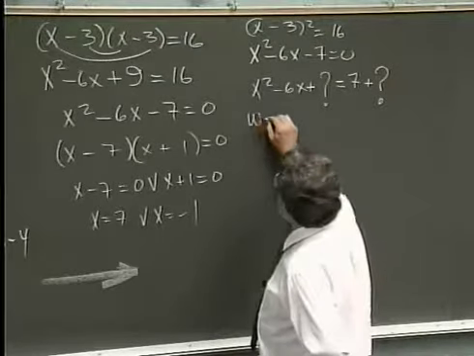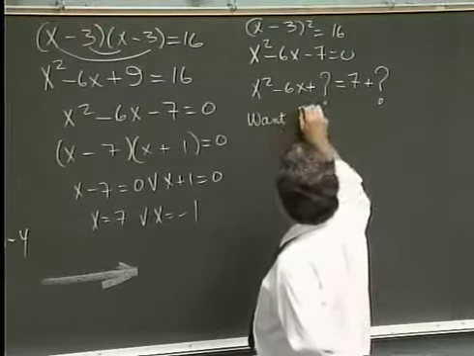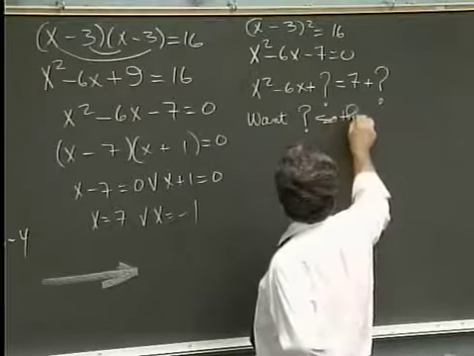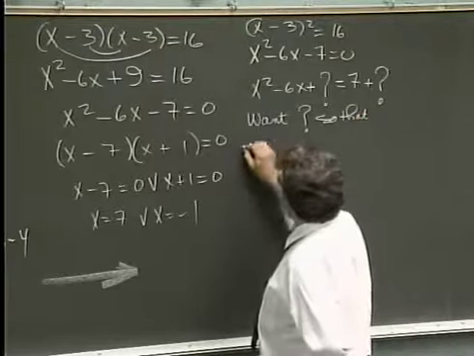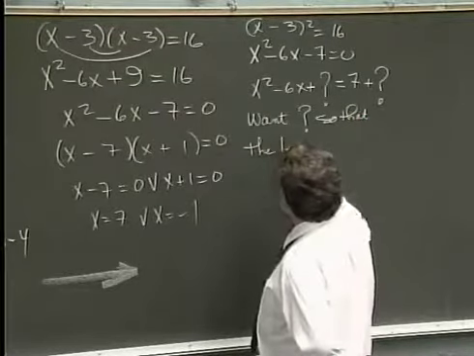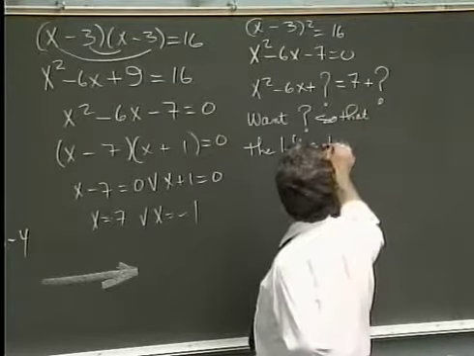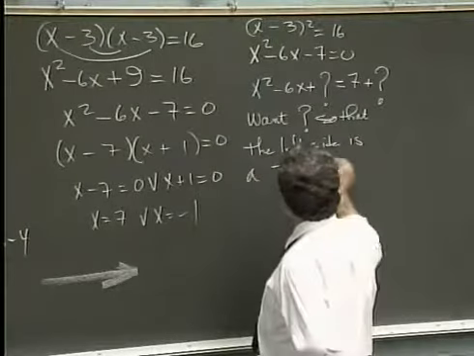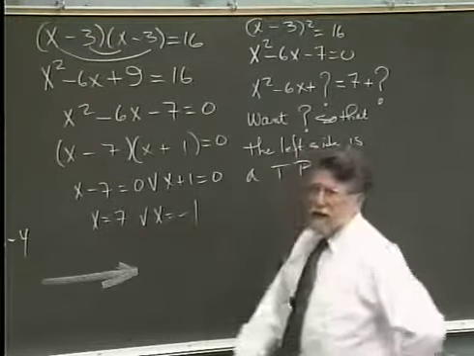So I want whatever I put here so that the left side is a trinomial perfect square, TPS.